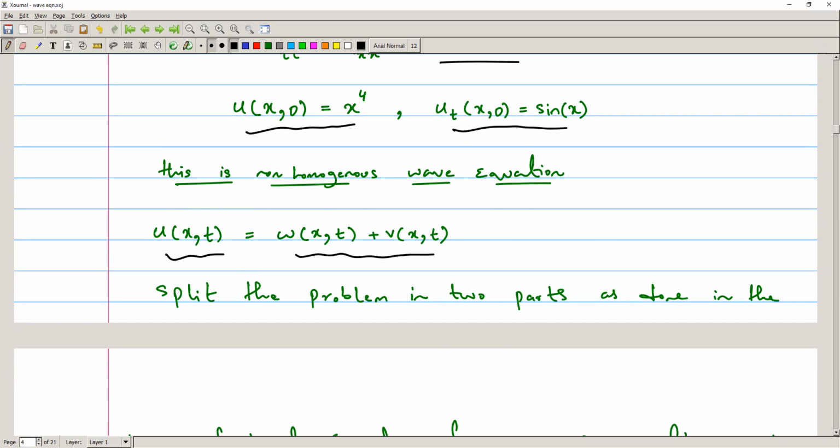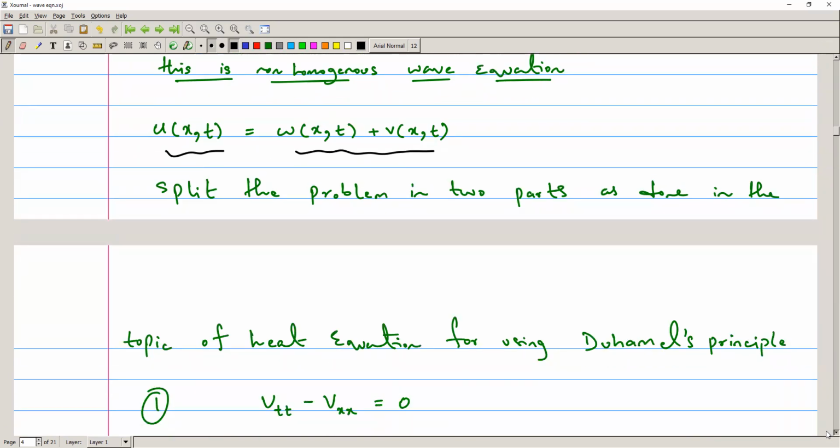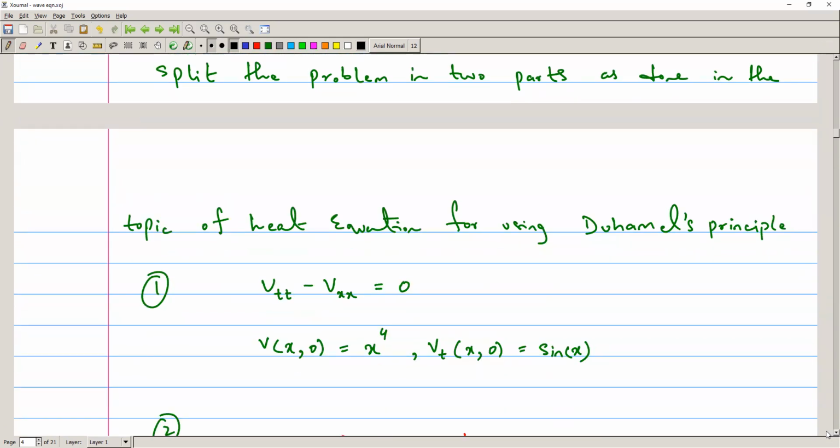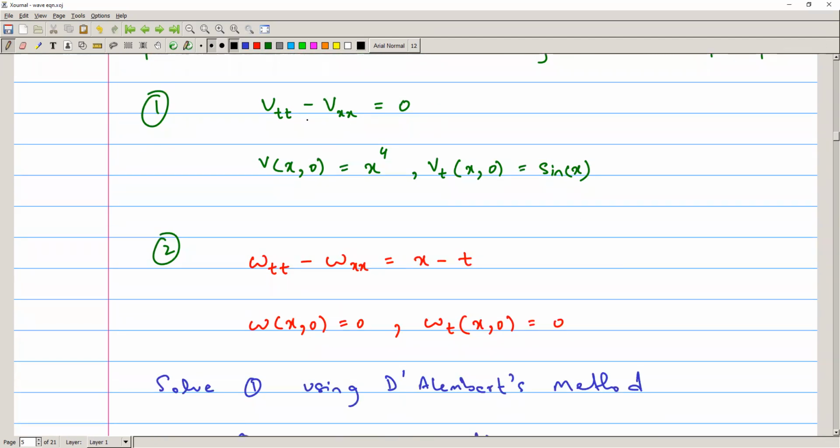So we have to split this problem into two parts, as we did in the previous examples of the heat equation. For one part, we will use the D'Alembert solution, and for the other part, we have to use Duhamel's principle. So the problem will be split like this: v double t minus v double x is equal to 0, and the initial conditions remain here.